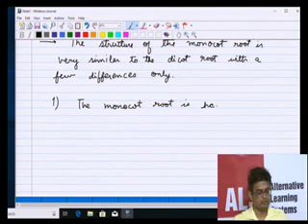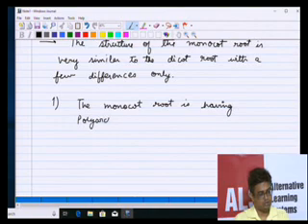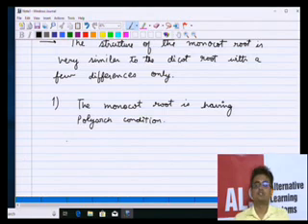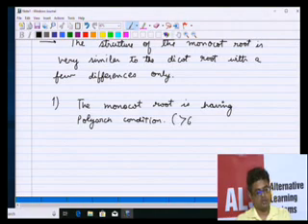More than 6 vascular bundles. Greater than 6 vascular bundles.